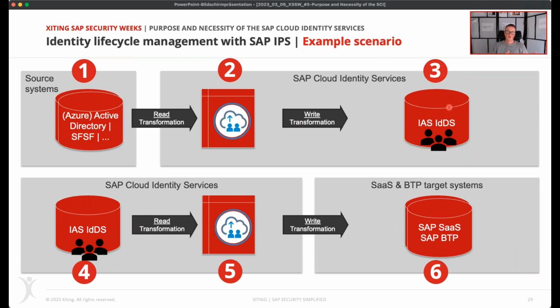Then later on, these group assignments can also be used in transformations to ensure user provisioning, including assignment of the correct roles, because it's mostly a group-to-role mapping when it comes to IPS. In the identity directory we have just groups, and they are often mapped, depending on the application, to groups or even SAP role collections, for example in the BTP.